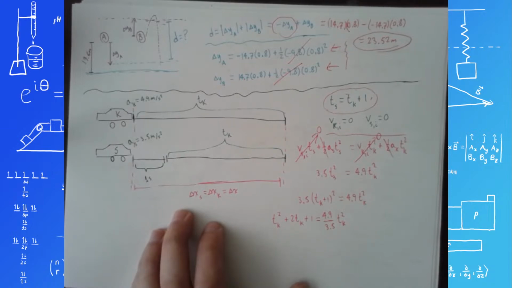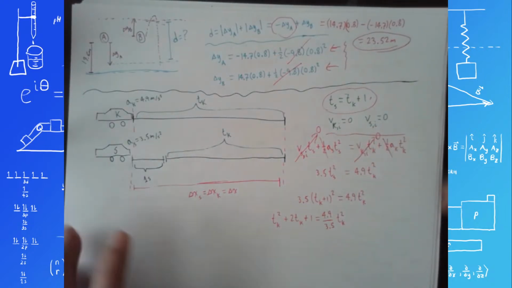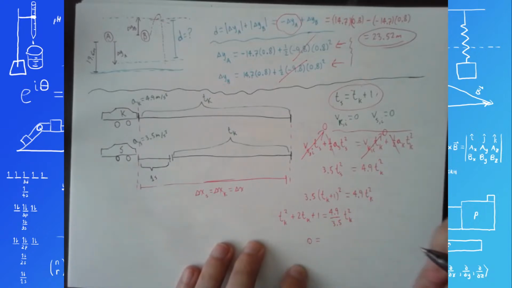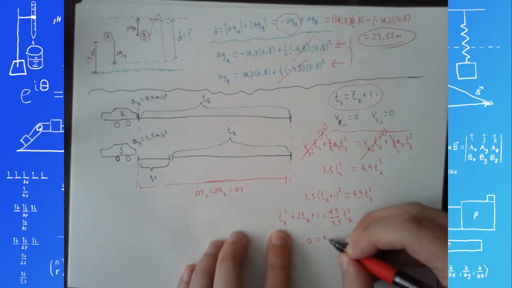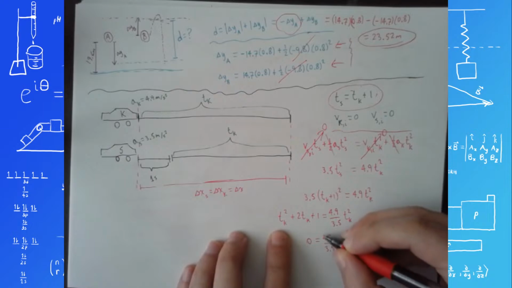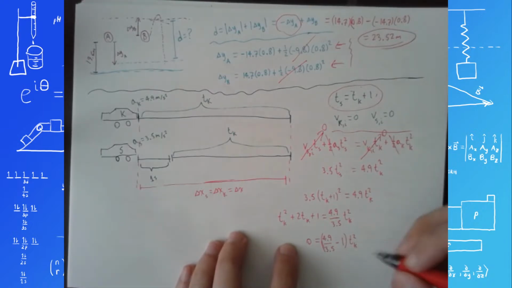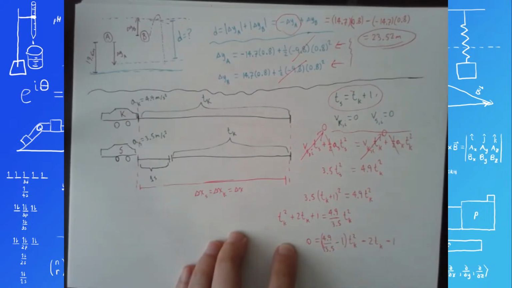Okay, I'm going to subtract everything from the left-hand side over to the right, so that leaves me with 0 equals, subtracting 1 tk squared, so that would be 4.9 over 3.5 minus 1, all times tk squared. I don't want to plug things in just yet. And then minus 2 tk, and subtracting the 1 would be minus 1.